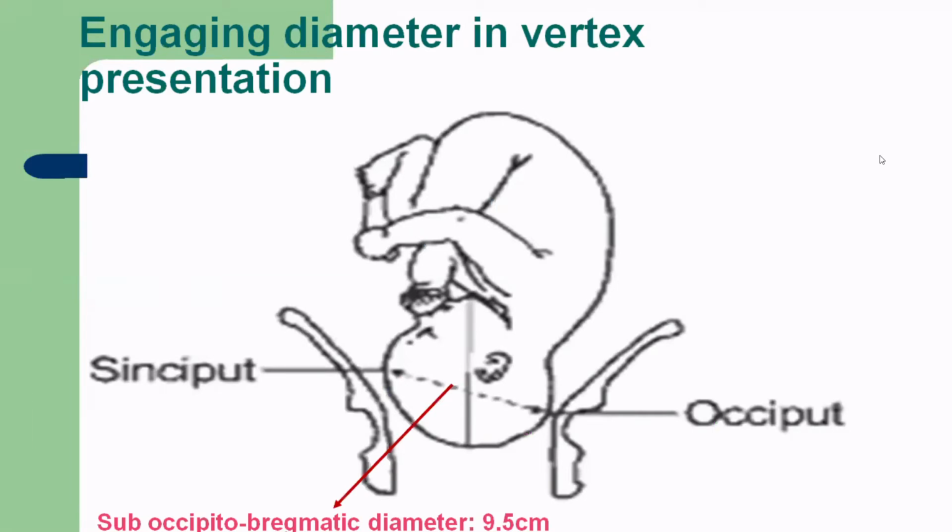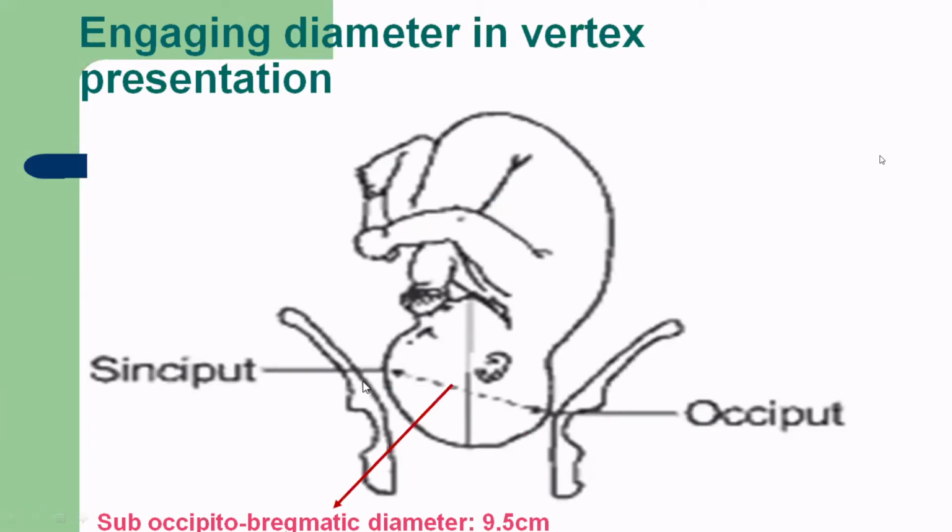So you can see here, this is the suboccipitobregmatic diameter. Bregma is the anterior fontanelle, and this is the occiput. Just beneath the occiput is the subocciput. So this is the suboccipitobregmatic diameter, 9.5 centimeter. It enters the brim.